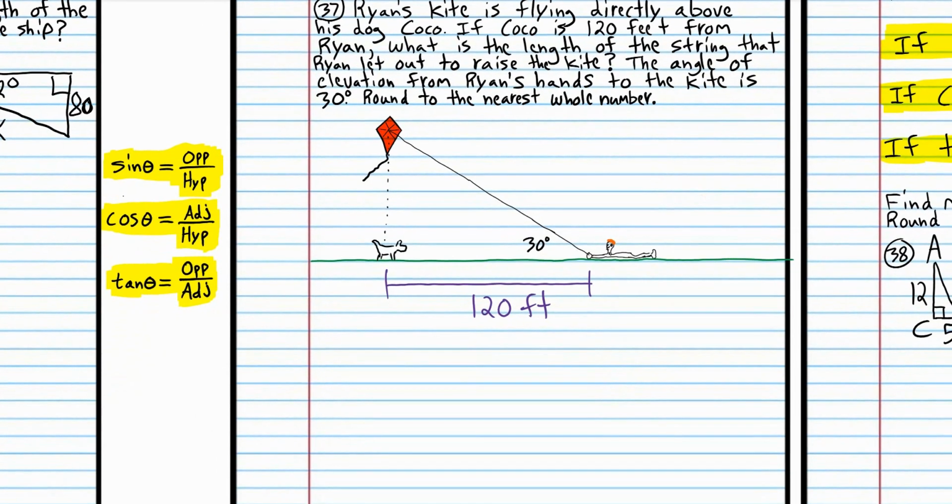All right, we're back. So I'm going to draw the triangle. And we're looking for the length of the string. So now we're looking for the hypotenuse. So we can just call that x.